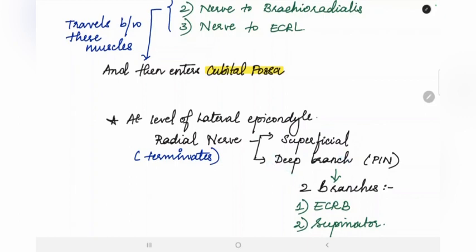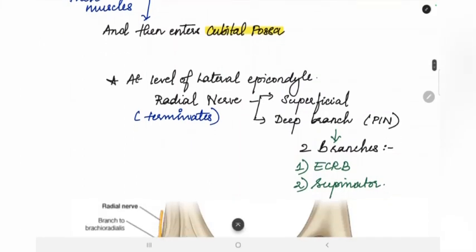One point to note is that the deep branch of the radial nerve is also known as the posterior interosseous nerve, or PIN. The deep branch, which is motor, gives off two branches, one to the extensor carpi radialis brevis and another to the supinator. The superficial branch is a sensory branch.